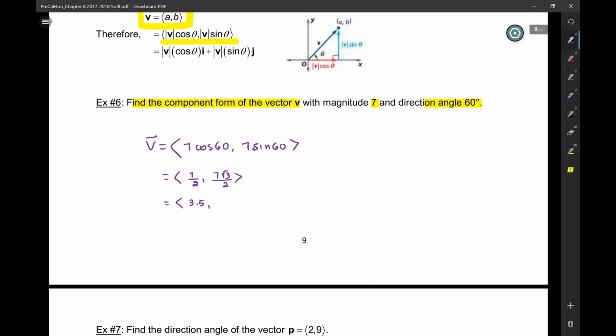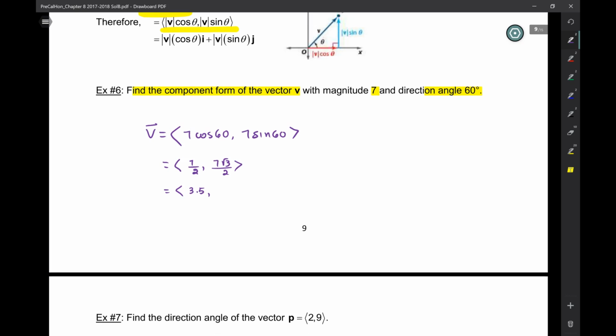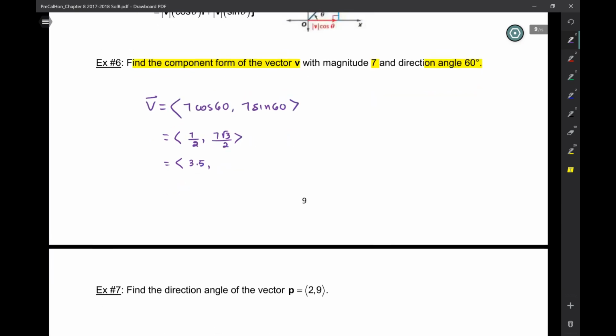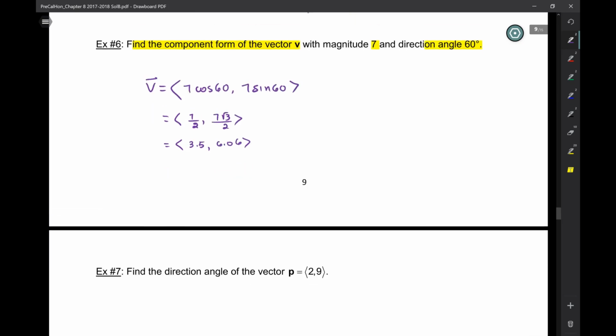You sure? Looks like you're holding a calculator there. Do you want us to leave it in fractions or in decimals, or don't specify? 6 point what? 6.06. All right. Decimals probably. I will specify them. So it could be 3.5i plus 6.06j.